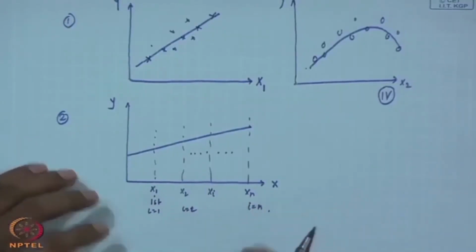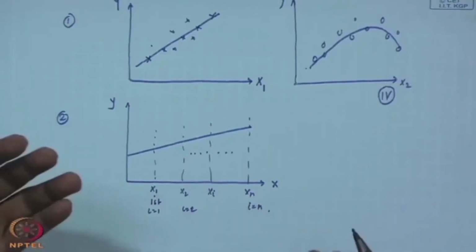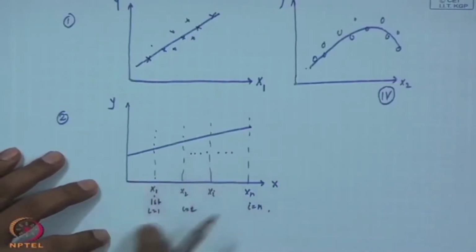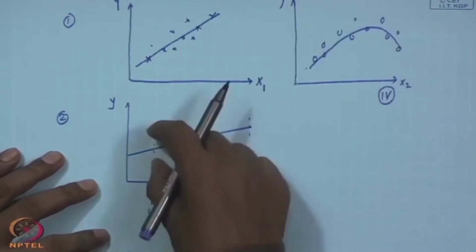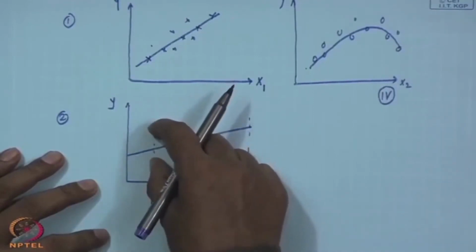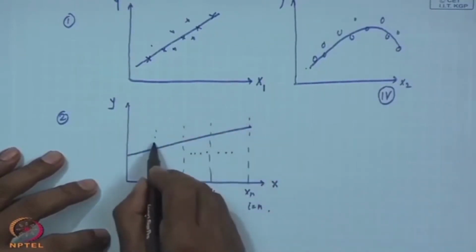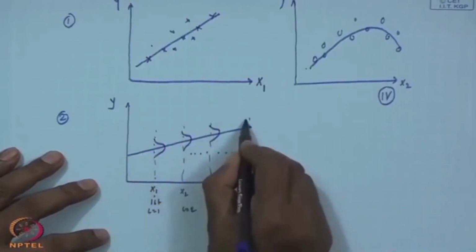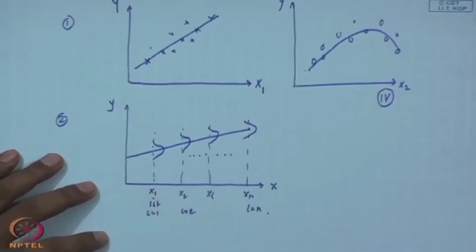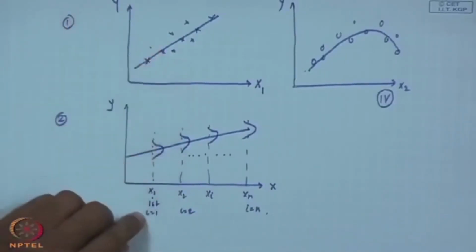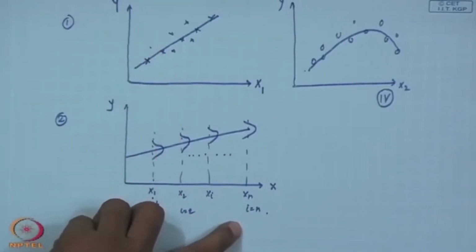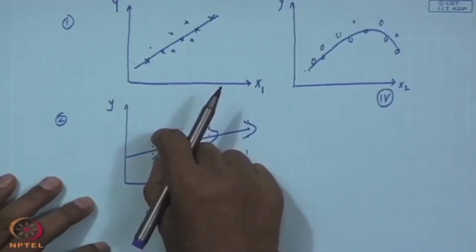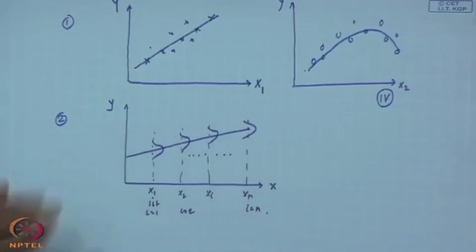We are saying that you will collect one sample, but you may collect several samples also. Under such a condition, for a particular value of x you may get several values of y. If you plot several y values for a particular value of x, then whatever variability of y you observe must be equal.